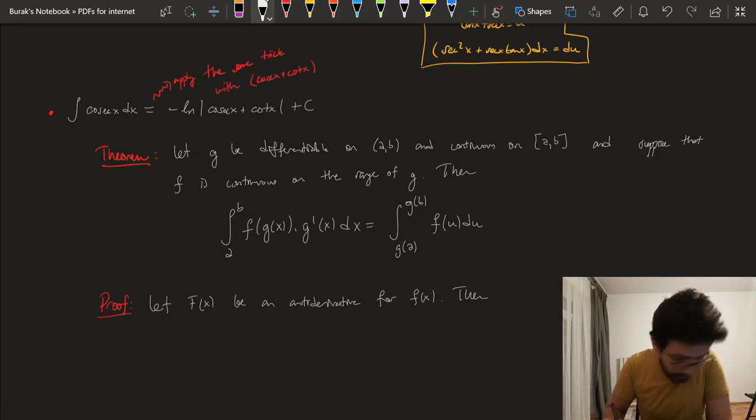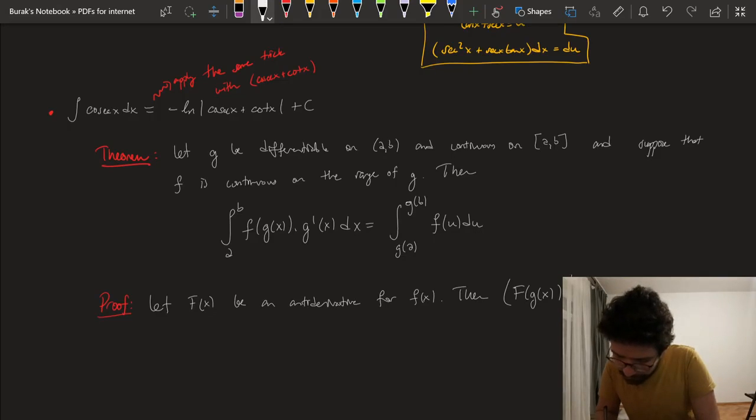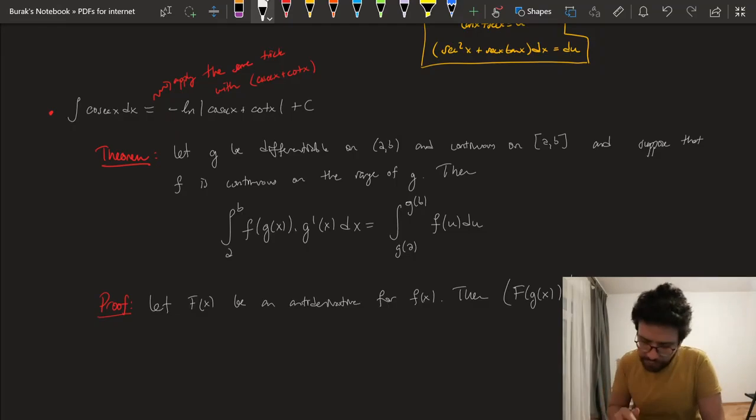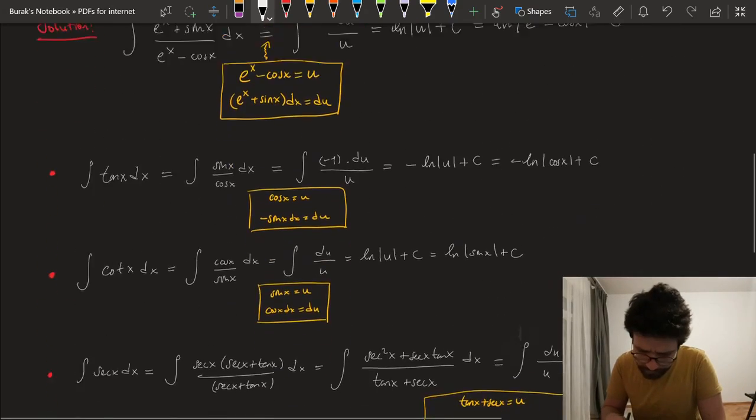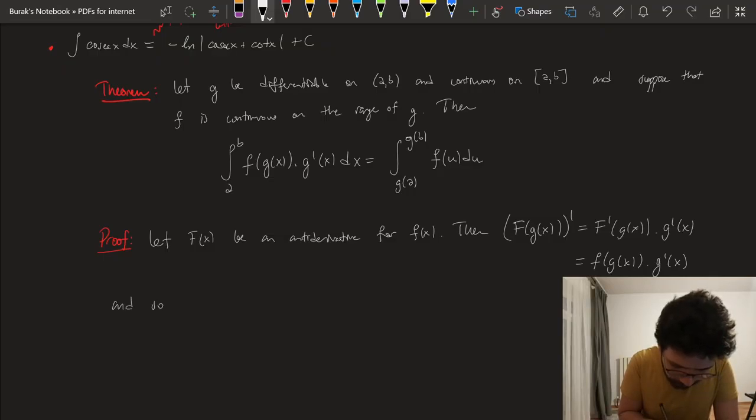Then the derivative of this expression is going to be big F prime of g of x times g prime of x, and if big F is an antiderivative of little f, this is going to be f of g of x times g prime of x. And so, by the fundamental theorem of calculus, we have this.